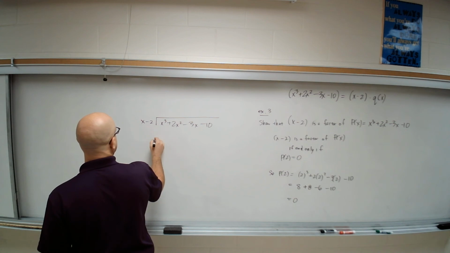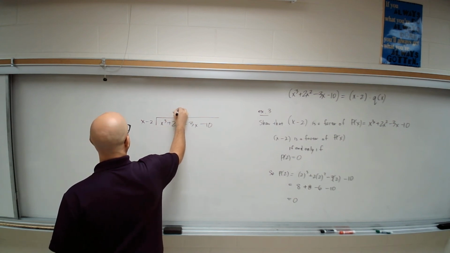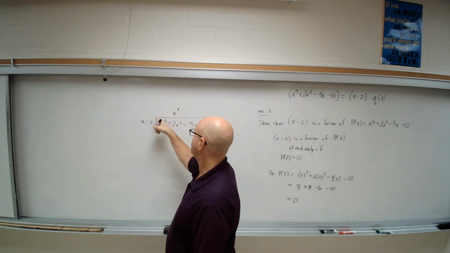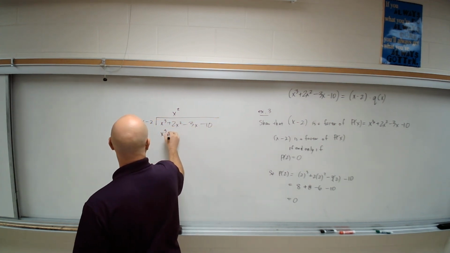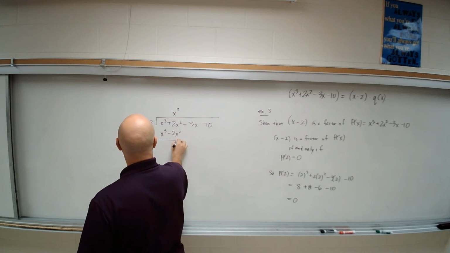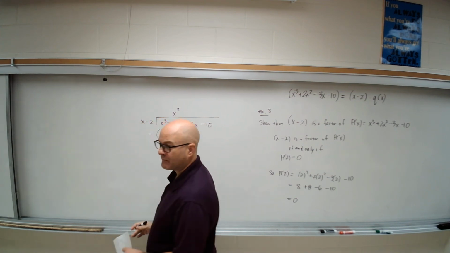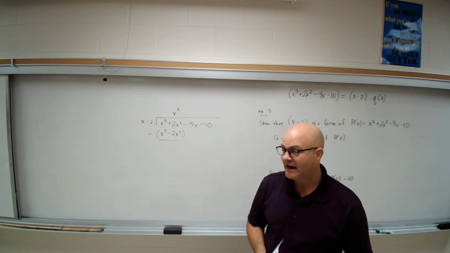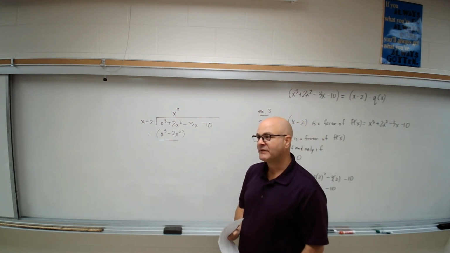So here we put an x squared, because we need to get the x cubed to go away. We multiply and get x cubed minus 2x squared. But be careful, don't forget we have to subtract. A lot of times people see the opposites and get careless.